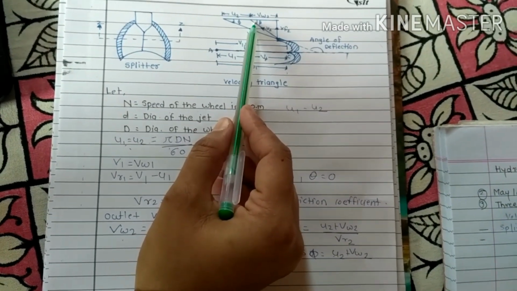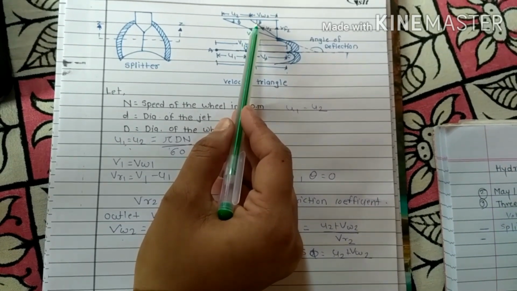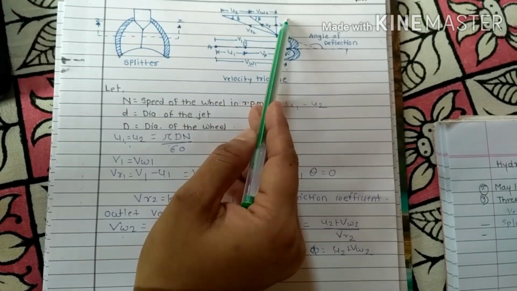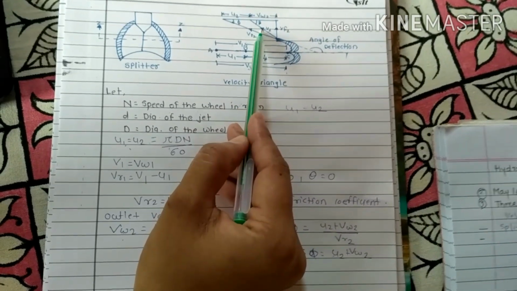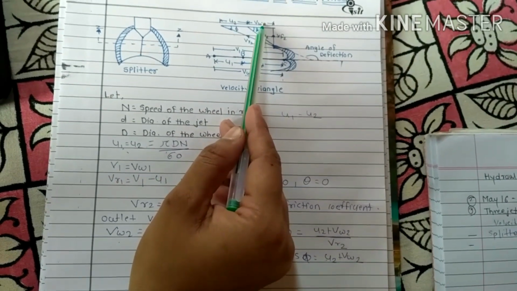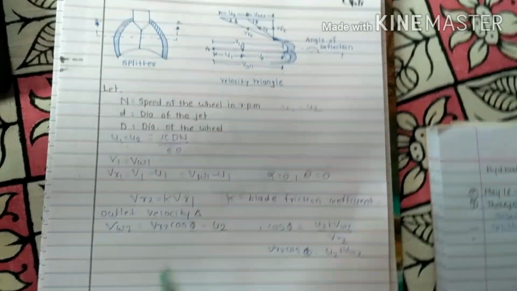Remember, if the beta is less than 90 degree, your value of vw2 is negative. If it is equal to 90 degree, the value of vw2 is 0, and if it is greater than 90 degree, then the value of vw2 is positive. That means which sign we have to take, we have to remember by using this formula.